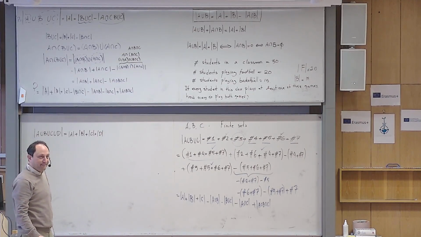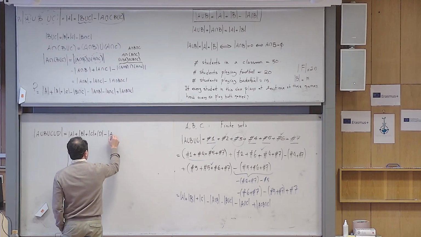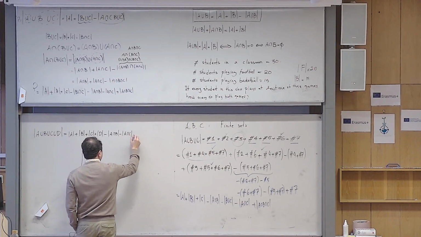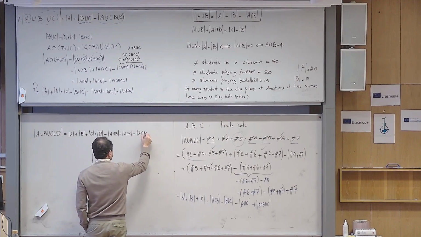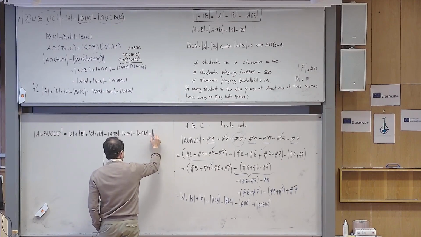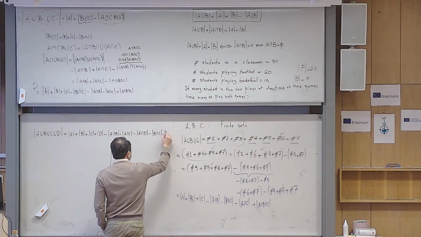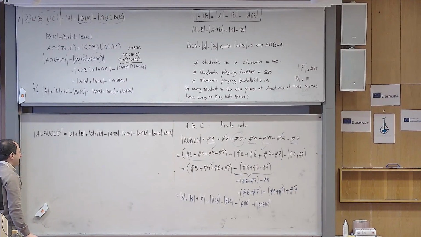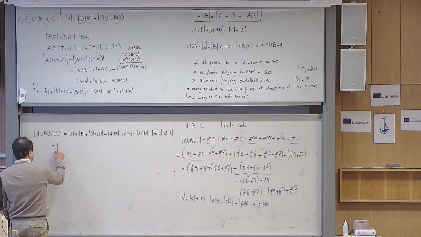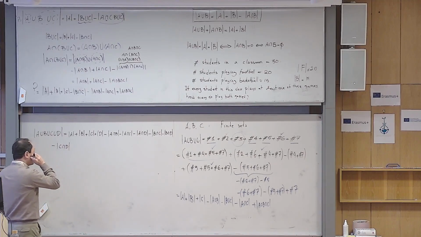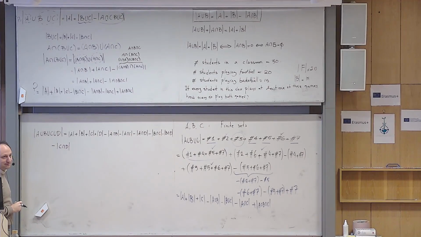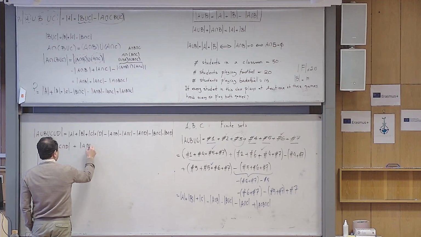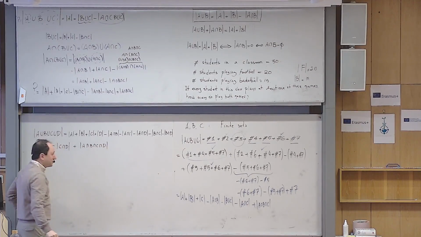Then minus cardinality of A and B, minus cardinality of A and C, minus cardinality of A and D, minus cardinality of B and C, minus cardinality of B and D, and minus cardinality of C and D, and that's all, and plus cardinality of A, B, C, and D intersection. Okay, so that was his intuition.